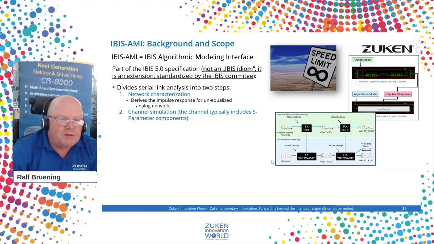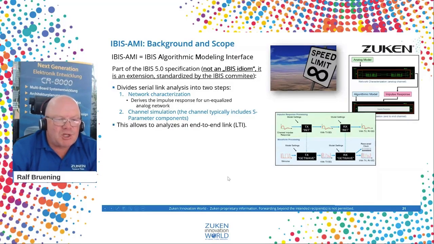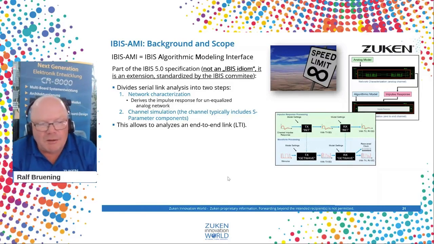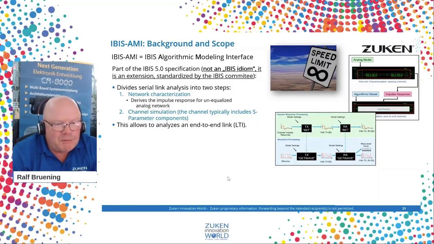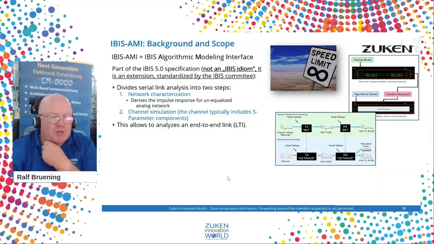This typically is a two-step process. You have to characterize the network, and then you perform a channel simulation, and this can be done very fast. You can simulate up to 1 million bits within 10 or 15 minutes. That's quite a difference to the 11 days for 1 million bits or the 110 days for 10 million bits using traditional time domain simulations.